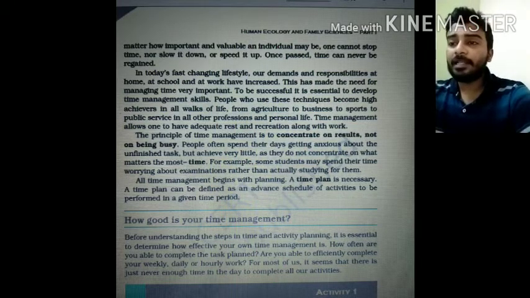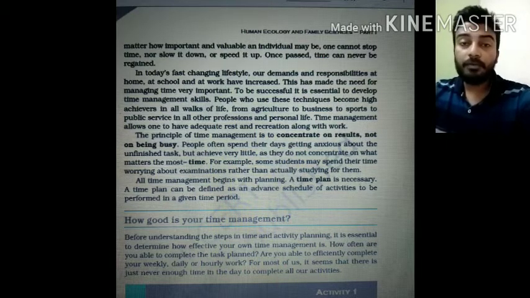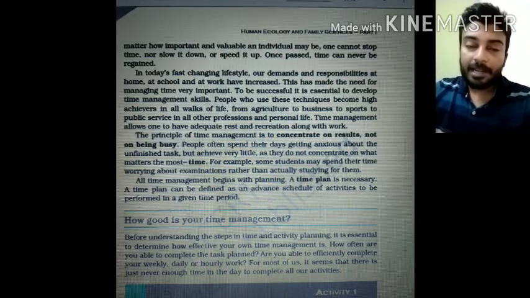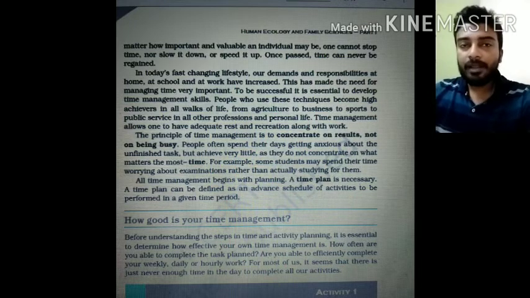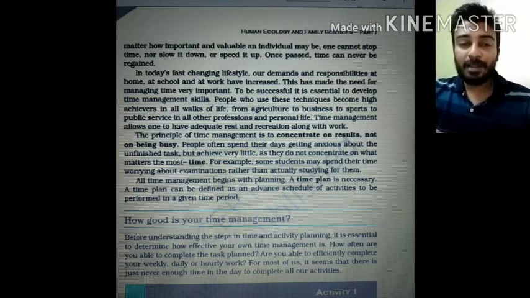Now all time management begins with planning. A time plan is necessary. A time plan can be defined as an advance schedule of activities to be performed in a given period of time. Without proper planning, you cannot use that time properly. Also, it is not right if you plan for a whole day and no work has been done.